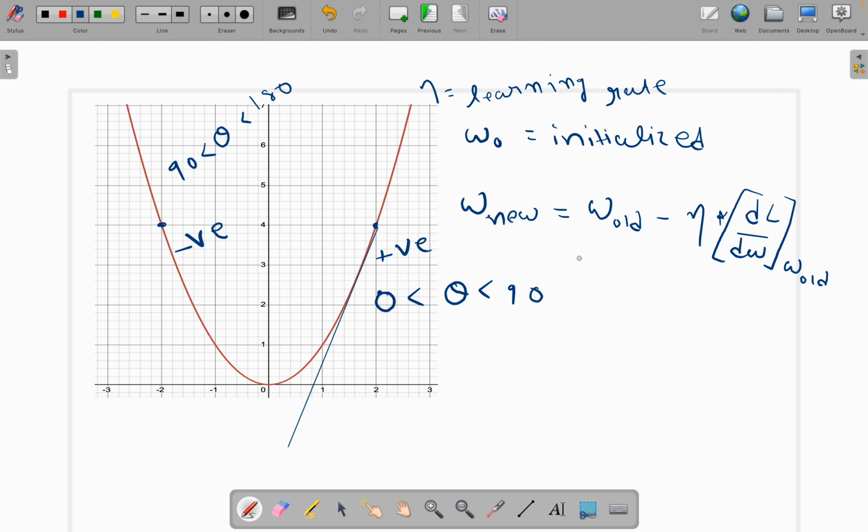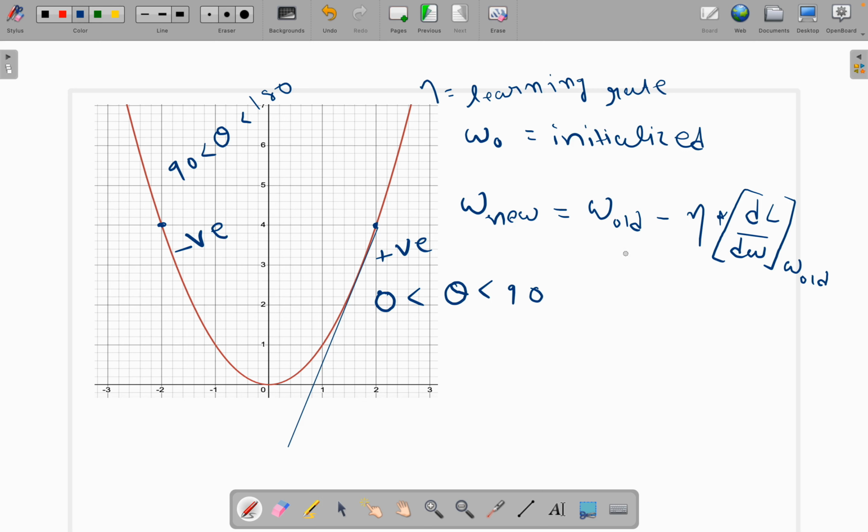If we see the equation carefully, let's say the initialized w is here, w0. First of all, w old will be your w0, which we had initialized as any random number for our vector. If I get this value with w0, then I will get a positive number here. If I calculate the differentiation with respect to w and put the w old value there, we will get some positive value. And what we are doing is subtracting some value from w old.